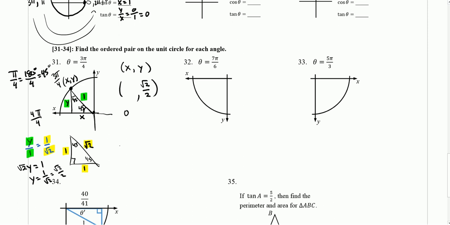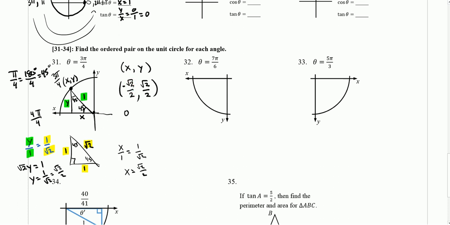You're going to get x over 1 is equal to 1 over root 2 again. And you're going to end up with the same answer. The only thing you got to be careful here is, remember, x should be negative because we're working in quadrant 2. So that's one way to go about this.